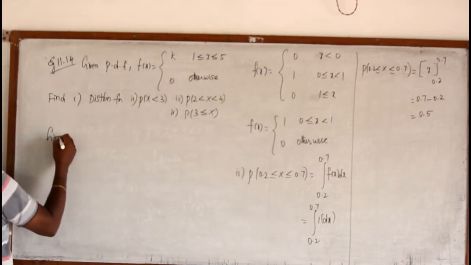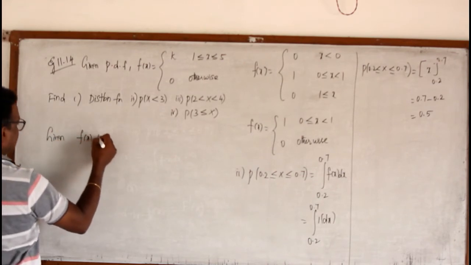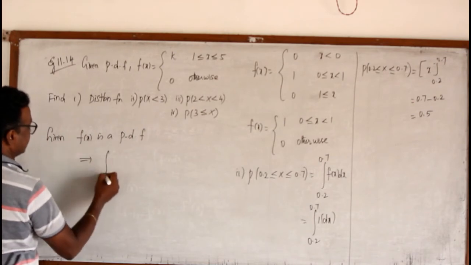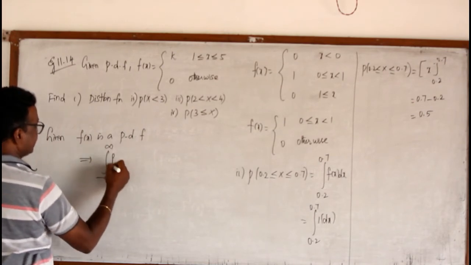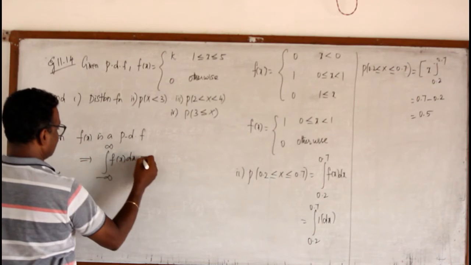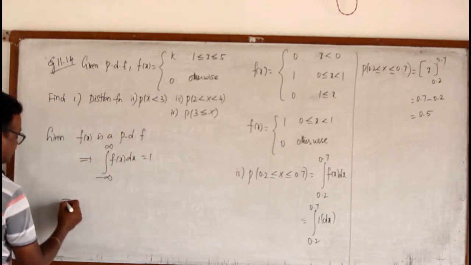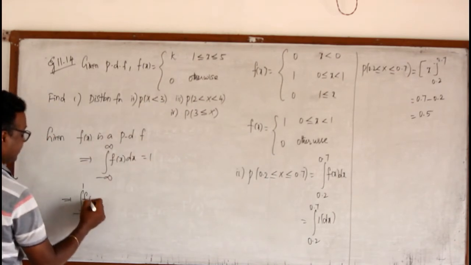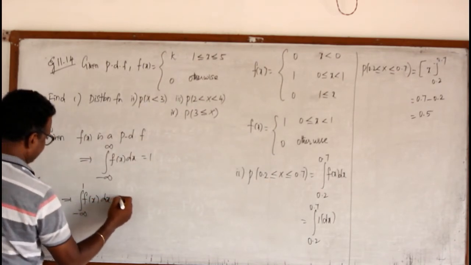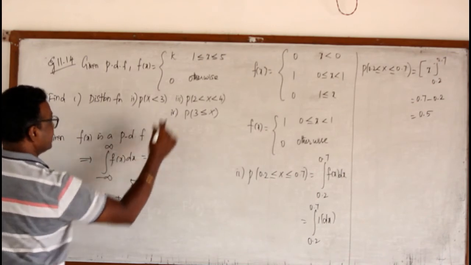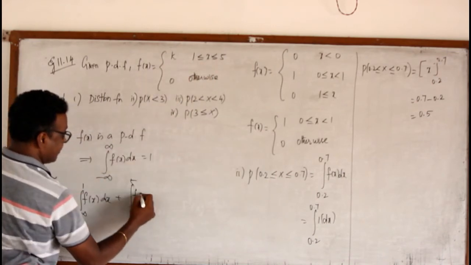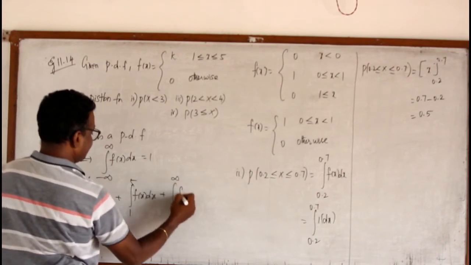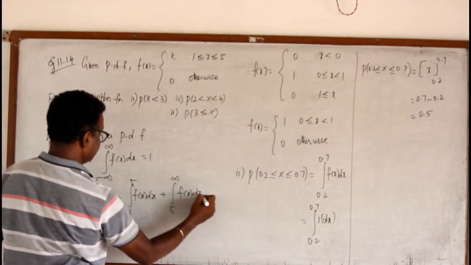So given f of x is a PDF, then this implies integral minus infinity to plus infinity f of x dx is 1. I can write this one as minus infinity to 1 f of x dx, then 1 to 5 where the function exists, f of x dx, and then from 5 to infinity f of x dx, this is 1.